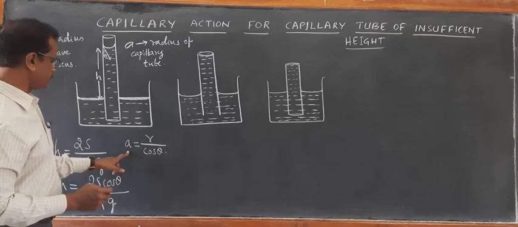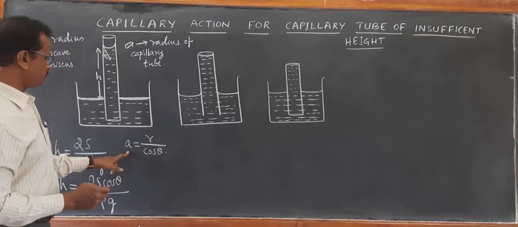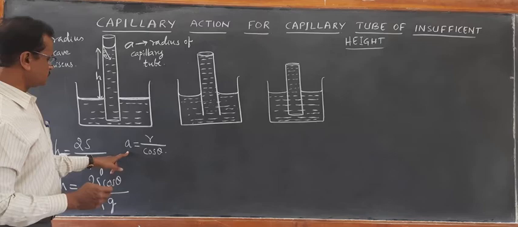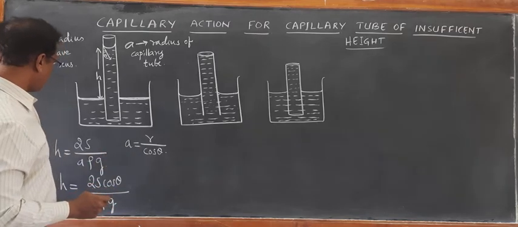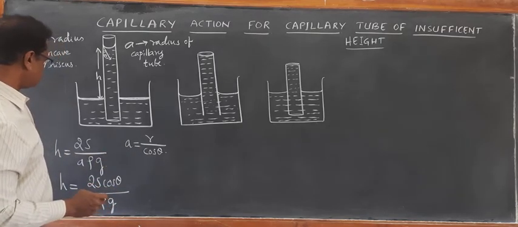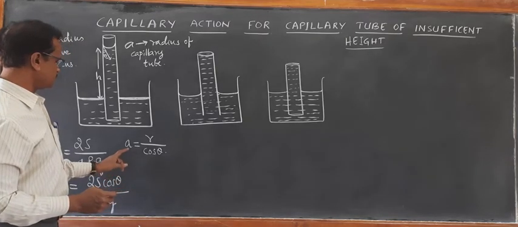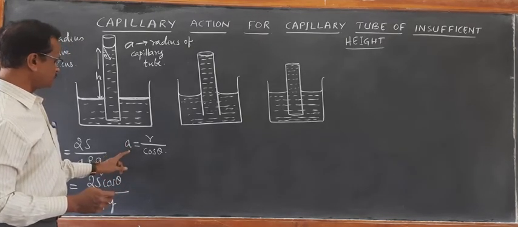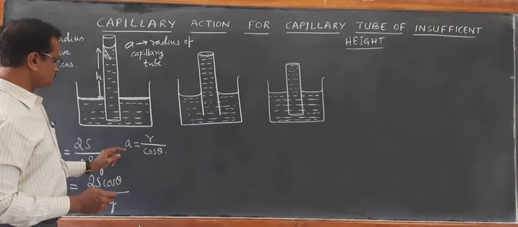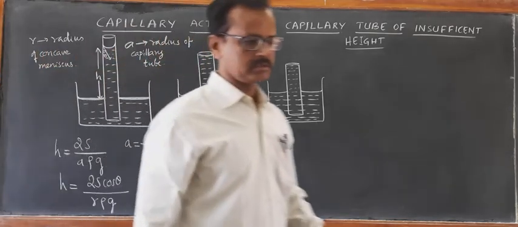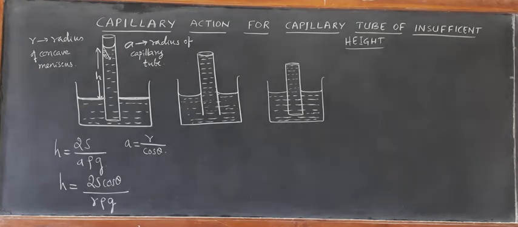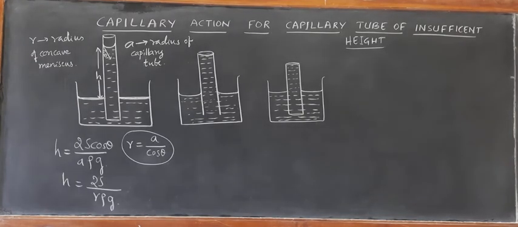Yesterday we got this equation, if you remember. Just check this equation: a by r is equal to cos theta. Okay, there is a correction here.